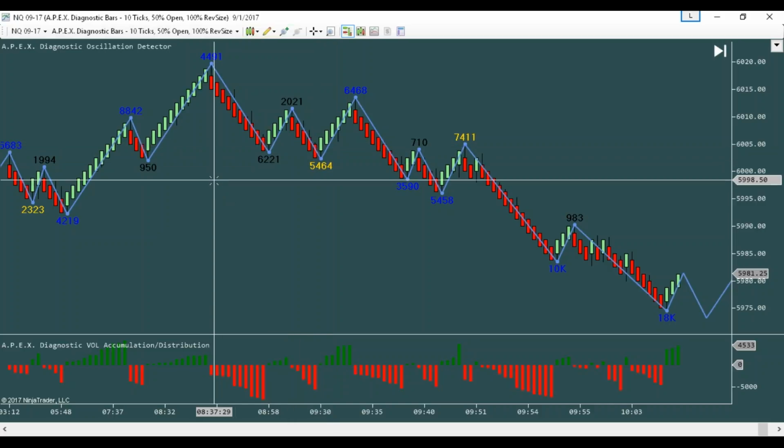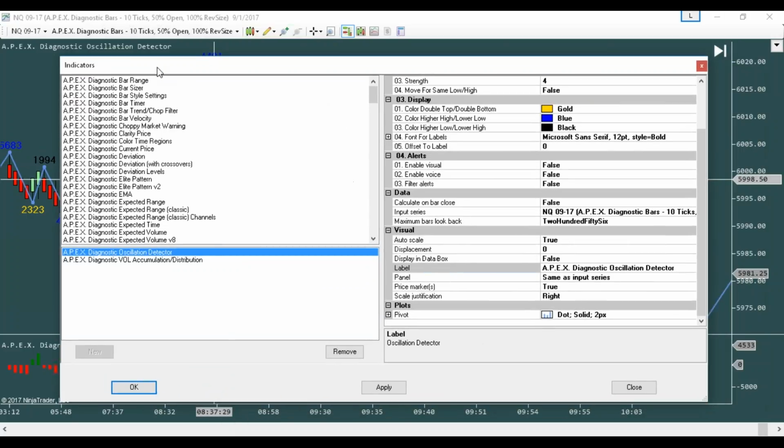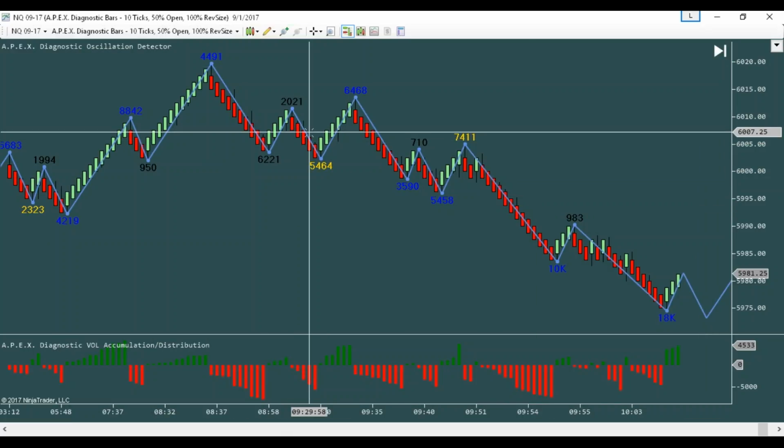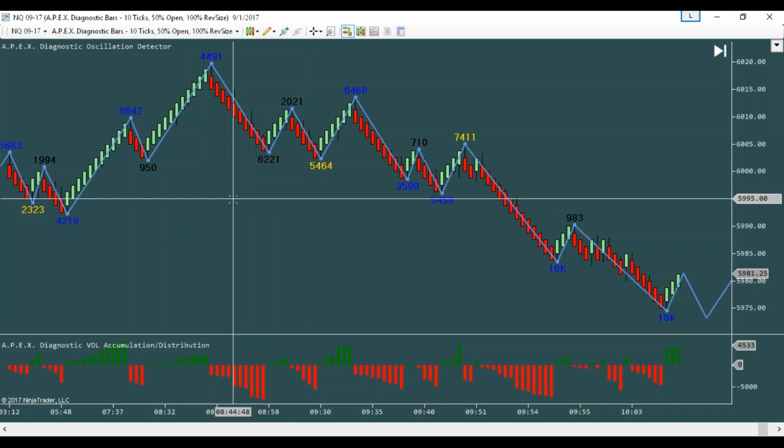Now, I told you not to mess with the settings, but there is one setting that you can mess with. On the oscillation detector, right here, alerts, enable voice, you can change that to true. What that will do is you'll get a heads up audio alert saying double bottom on NQ or double top on NQ.